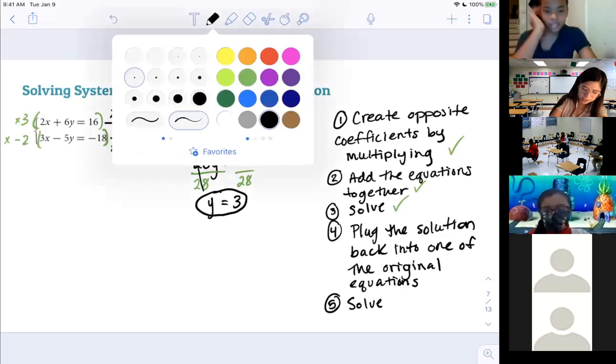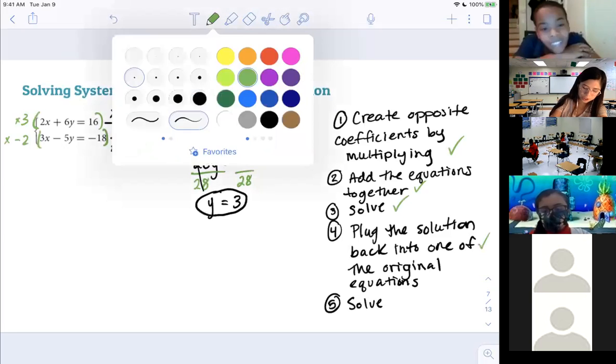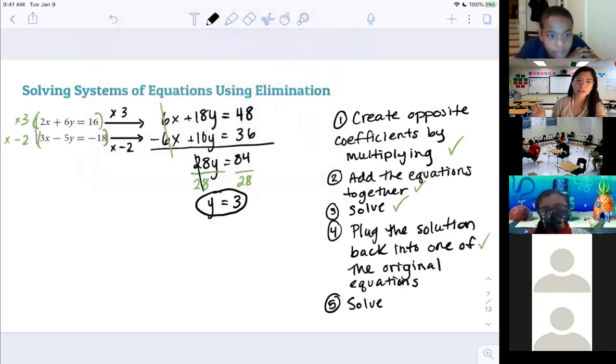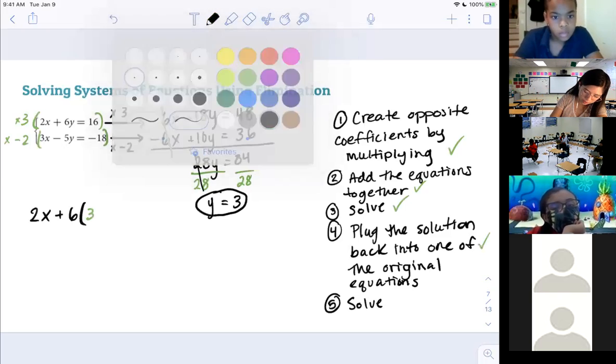Step 4, now it's the easy steps. This is fast and easy. We plug it back in and solve. Which equation would you guys like me to plug it into? The top one or the bottom one? Top? Sounds good to me. So I have 2x plus 6 times 3 equals 16.